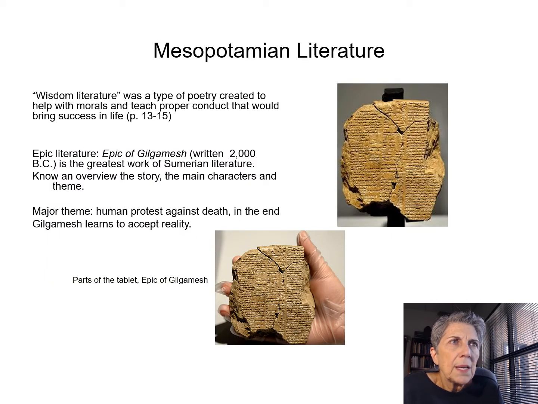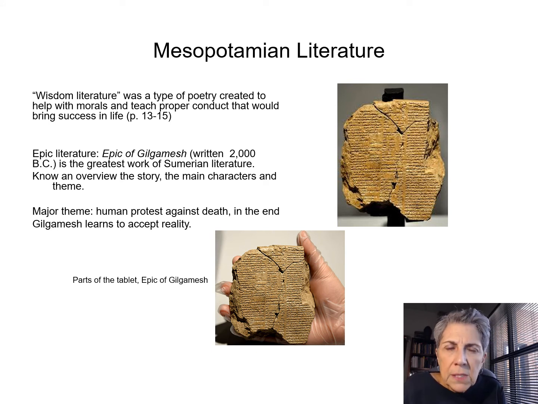So this is an example, this is really being photographed, the tablets of the story of the Epic of Gilgamesh, written 2000 BC, and we still have these parts. They had wisdom literature. All of this is in your text, and I'm not so much on this video, but on the PowerPoint, I've given you pages. And so I've already talked about the major theme of the Epic of Gilgamesh.